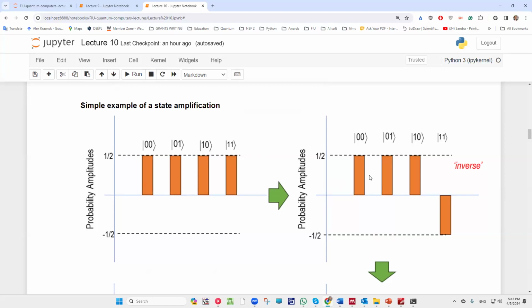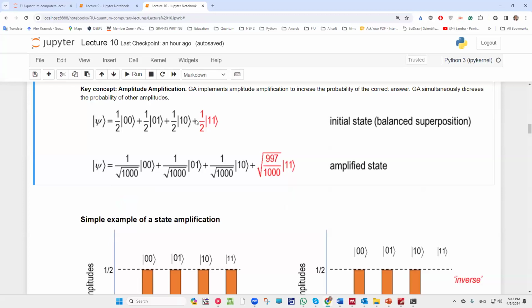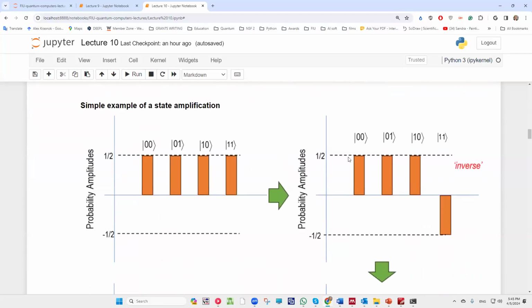What I do next is invert one of these states. I remind you these are complex valued numbers, and inversion here simply means changing the sign, converting this plus into minus. All other elements stay with plus, and the last one, the one we want to amplify, comes with minus. This can be done with some sort of matrix.